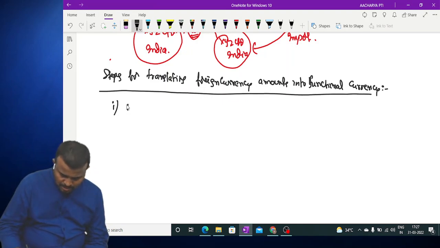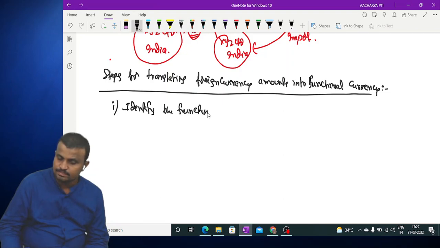First, we have to identify the functional currency of the reporting entity.